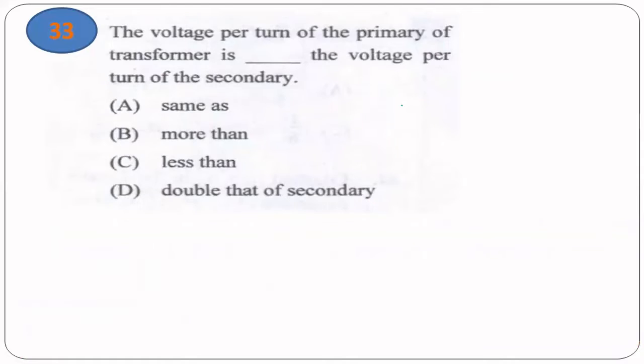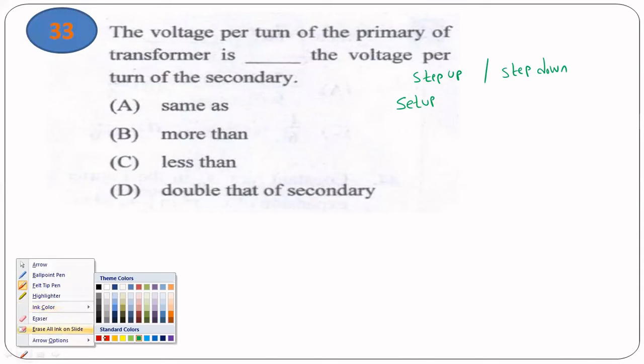Next question: the voltage per turn of the primary of the transformer is what relative to the voltage per turn of the secondary. Remember friends, nothing is mentioned about whether the transformer is step up or step down.